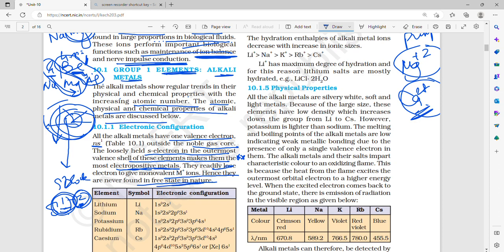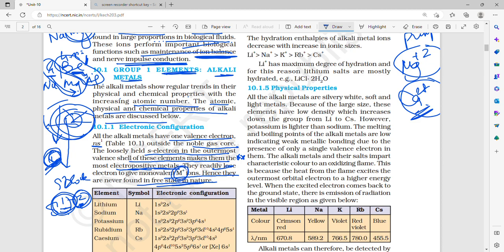Since they have only one valence electron, if they give it away, then they will attain noble gas configuration. So they are the most electropositive elements because this one valence electron is loosely held and they lose it readily to give monovalent M+ ions.